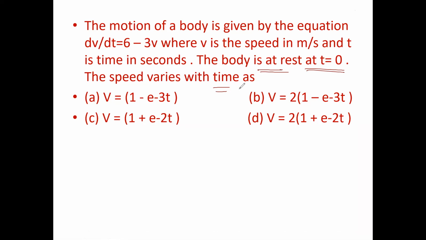So here, given dv by dt is equal to 6 minus 3v, we will do this on the board. They have given the equation dv by dt is equal to 6 minus 3v, and they have also given that at t is equal to 0, the velocity v is 0.